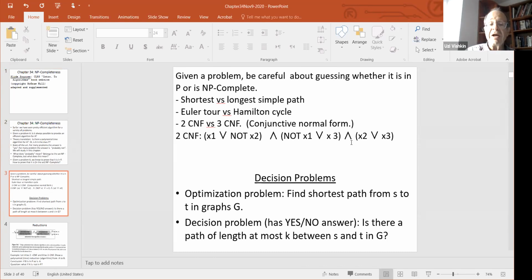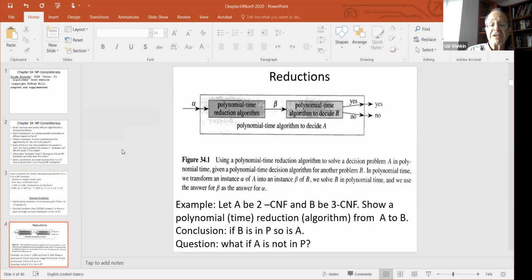Every x1, every x2, and so on can be true or false. So if I'm only telling you that I will be able to verify it, you need to try all the 2 to the n possibilities, where n is the number of variables here, in order to use this constructively.